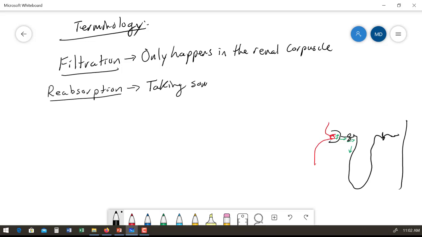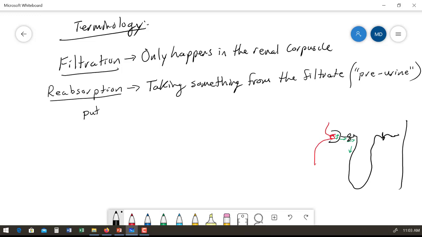I'm just going to call it something because there's lots of things that it does this to. Something from the filtrate, and you should understand that filtrate means pre-urine because it's not urine yet. So we're taking something from the filtrate, which is the pre-urine, and putting it back in the blood.